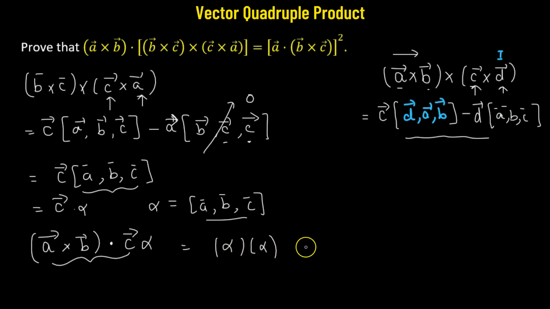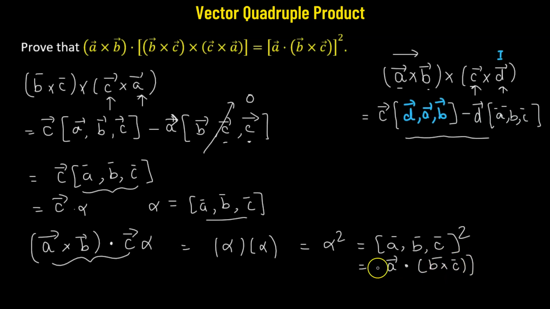Alpha multiplied by alpha is simply alpha squared, and let's finally replace the value of alpha. So this is A, B, C squared. And by definition, we can also write it as vector A dotted with the cross product between B and C, and then we take the square of it. This is going to give us the right hand side.